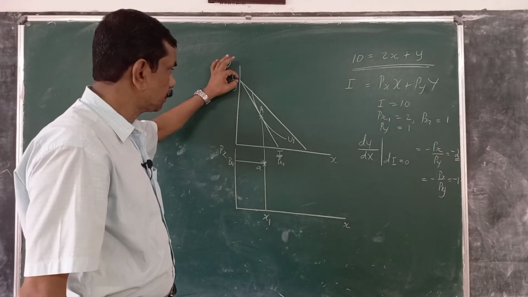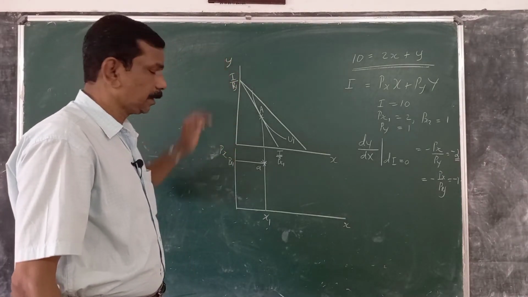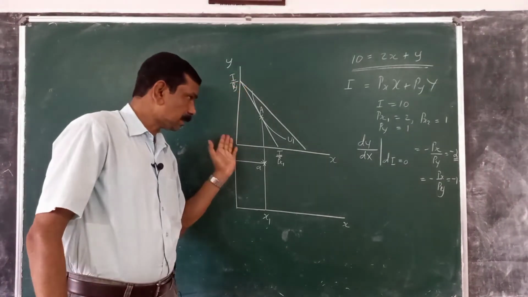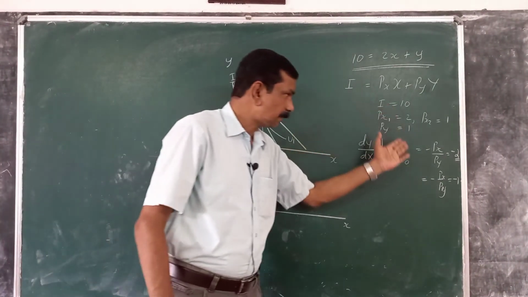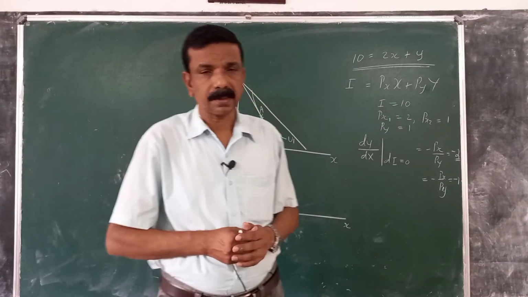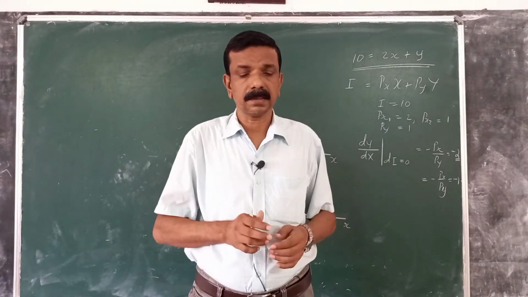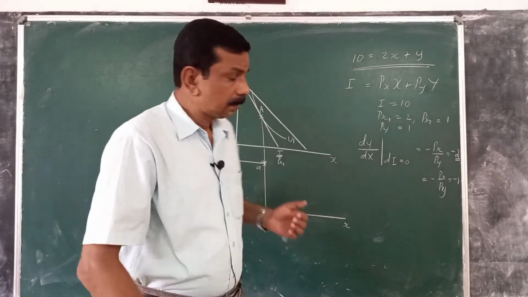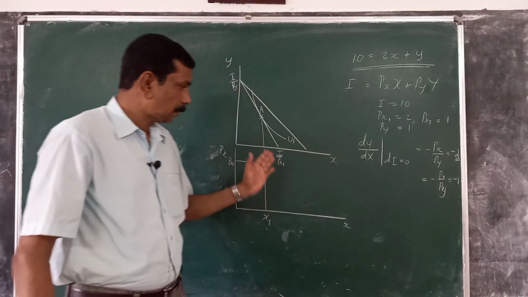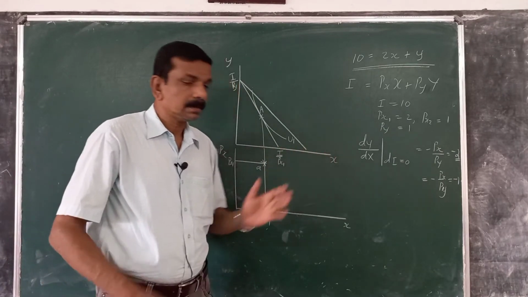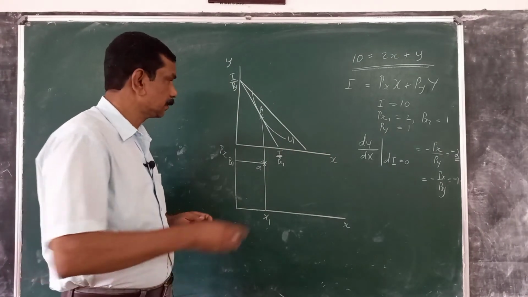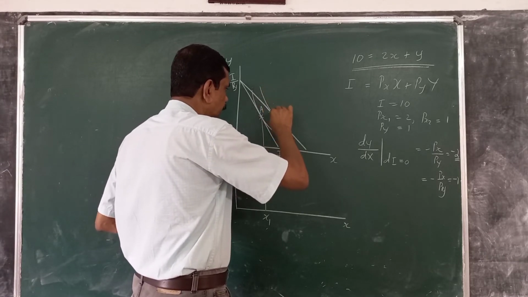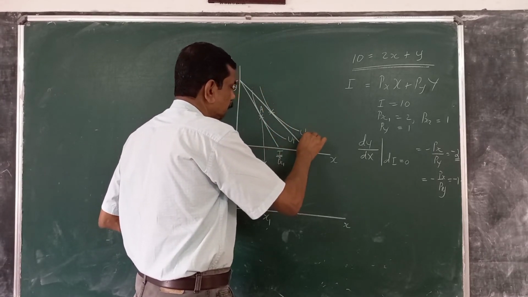The y-intercept remains at I by Py, as the price of y is not affected, and income of the consumer is also not affected, only the price of x changes.